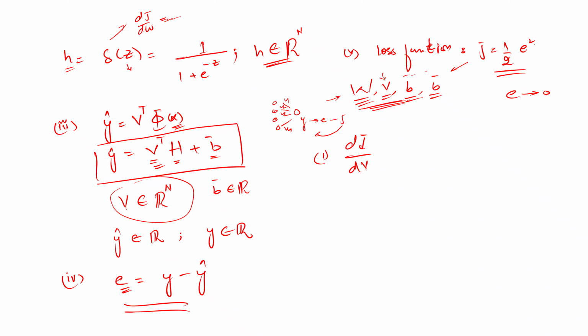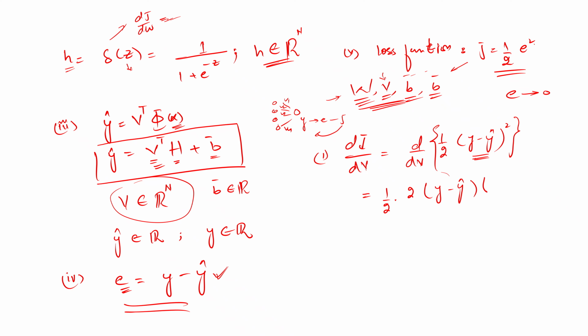So we know that dJ by dv, what is J? J is actually 1 by 2 e square. And what is e? e is actually y minus y hat. So I can write it like this, half of y minus y hat whole square, right? Now I will simply differentiate it. So I will obtain 1 by 2, same as this, 2 times y minus y hat, and then the derivative of the inside function. The derivative of y with respect to v will be 0.